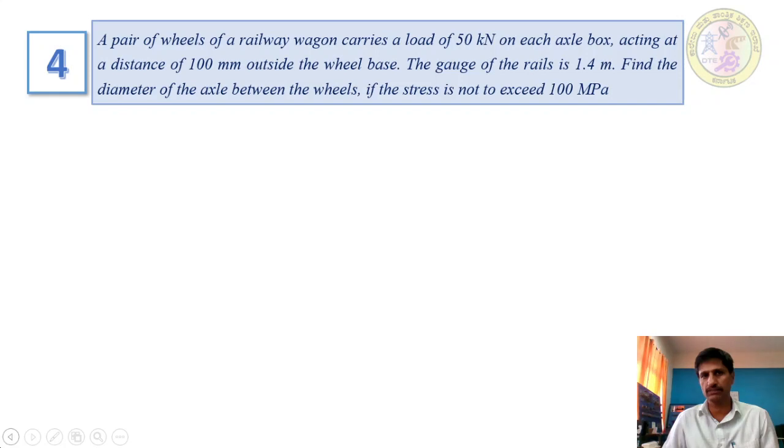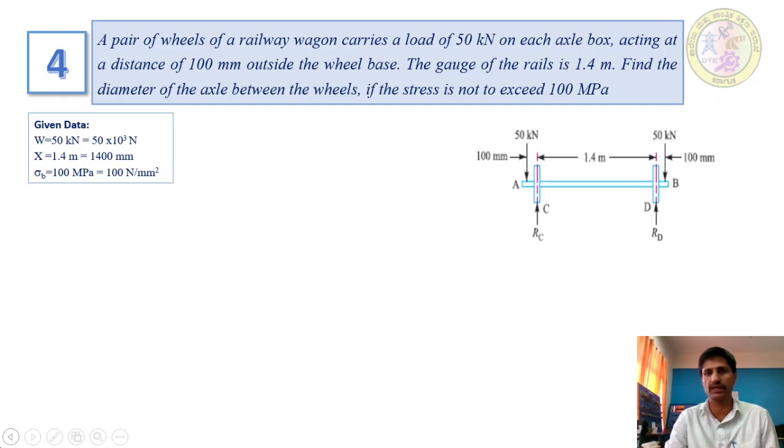We have to consider the broad gauge, and it is going to carry 50 kilonewton on each side. It is having a distance of 100 millimeter from the wheelbase. Both the sides we will have 100 millimeter, that you can see here. This is a sketch.